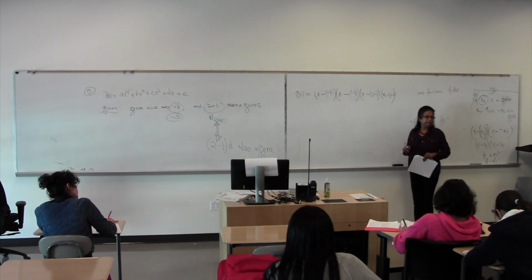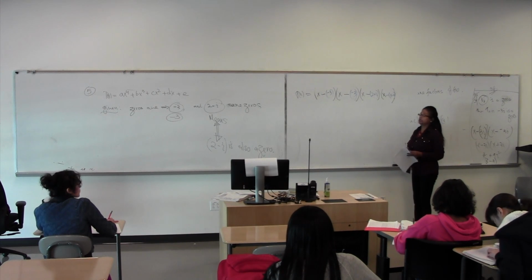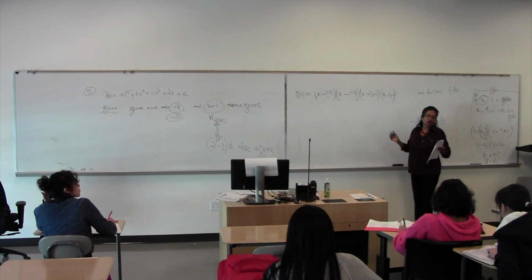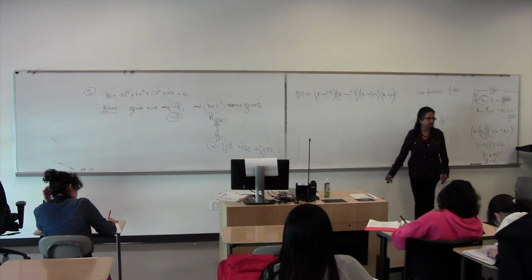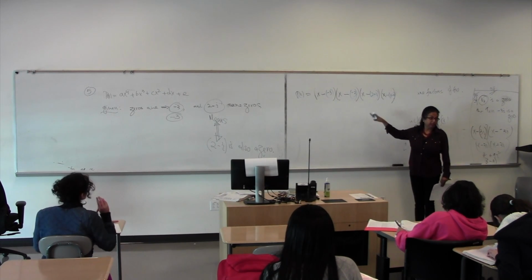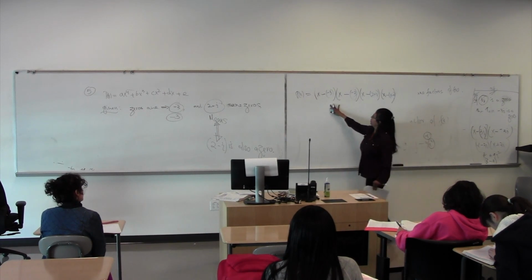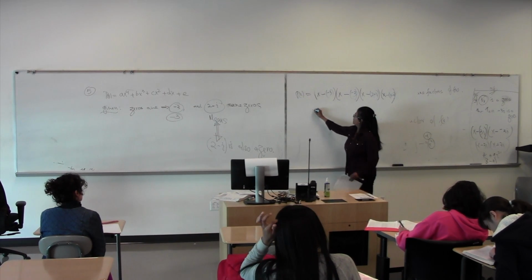Are we good? Now what do you need to do to this? All we need to do is simplify this. You guys know how to simplify this, so I'm not even going to. Okay? So simplify this, we get x plus 3 here.